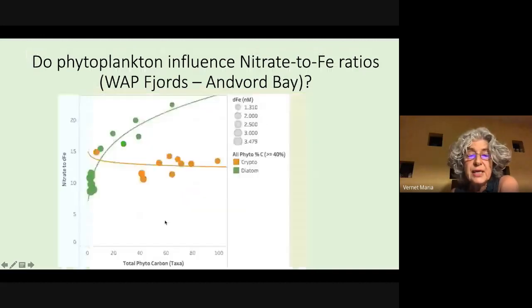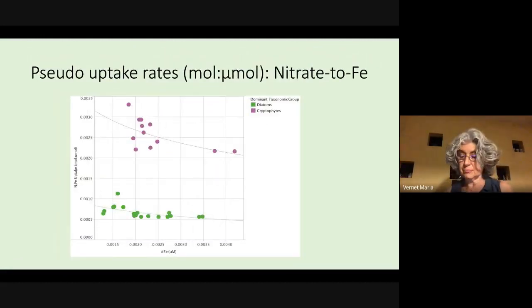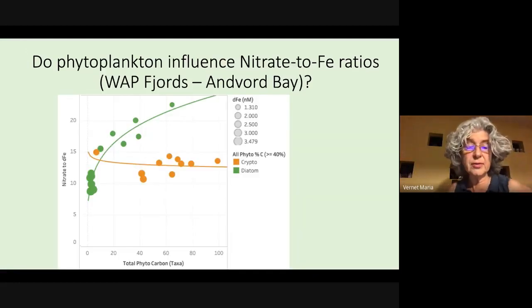So if we now plot the same data against nitrate-to-iron ratios in the y-axis now, we can see an interesting feature. Because the diatoms take up iron much faster than nitrate, the ratio increases as the biomass of diatoms increases.